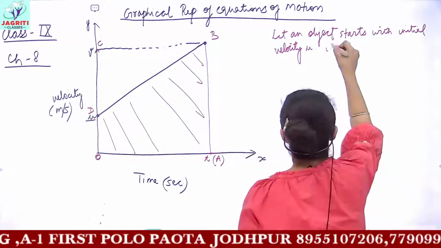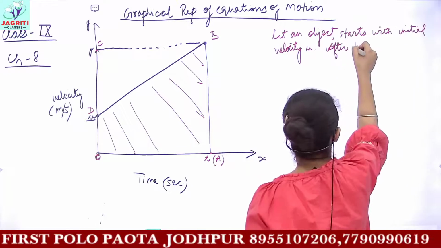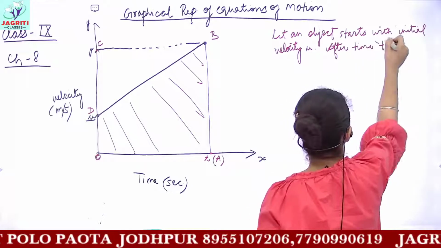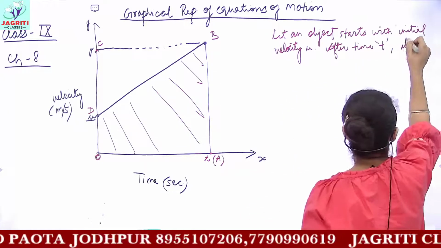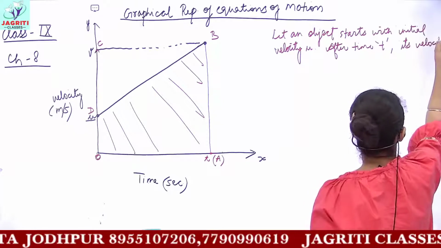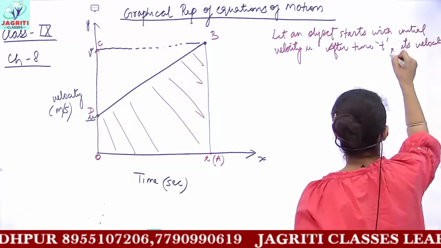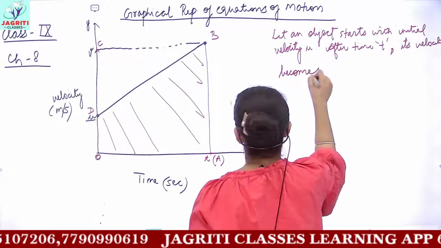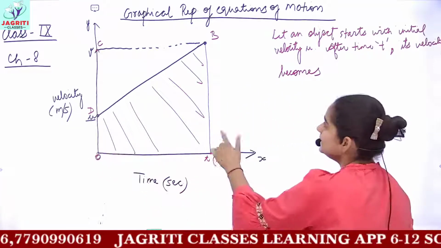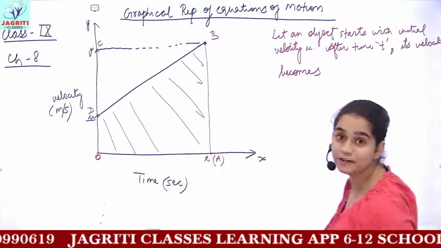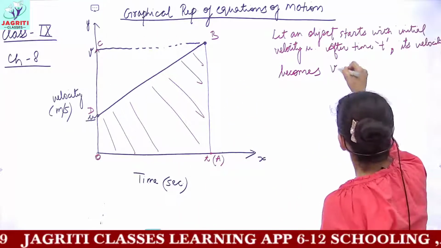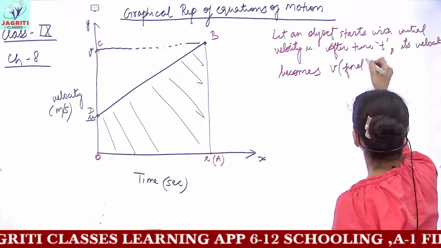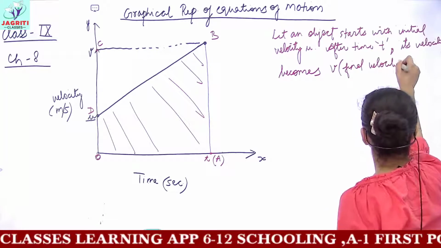Then after time t, its velocity becomes, after time interval t, its velocity becomes small v, that is the final velocity, V, which is your final velocity.